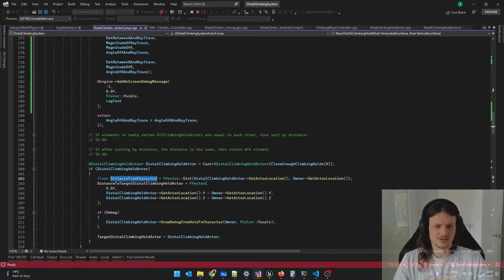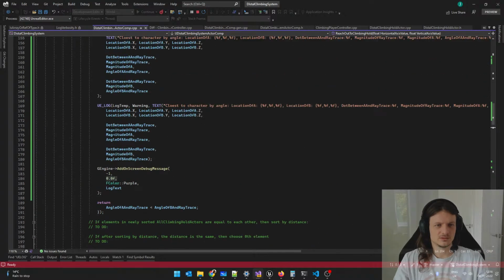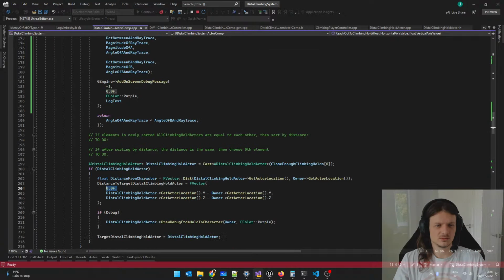Distance from character. Distal. Okay, and then only get location. Y and Z. So I'm only, okay. So I'm locking off at 0 anyway. This is for distance, I'm doing that.